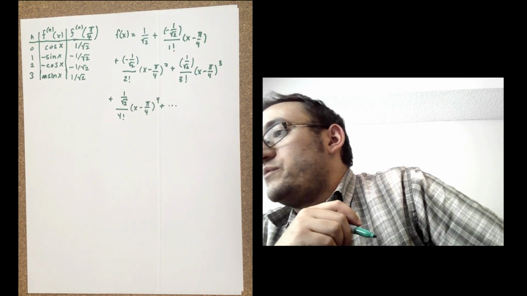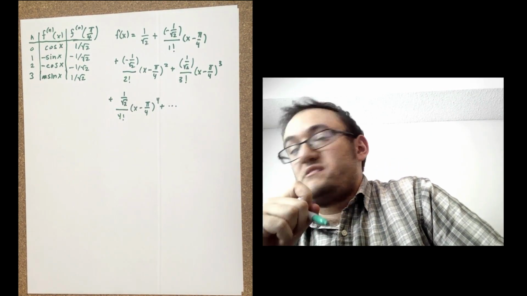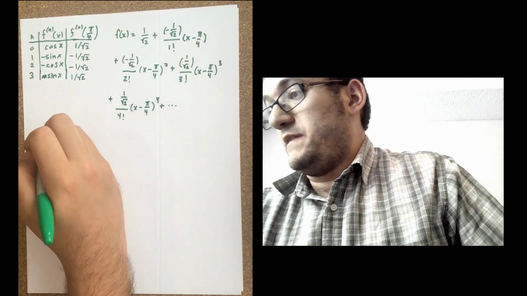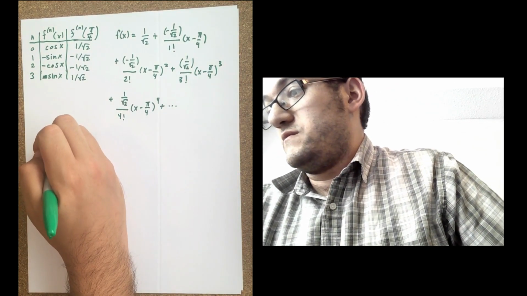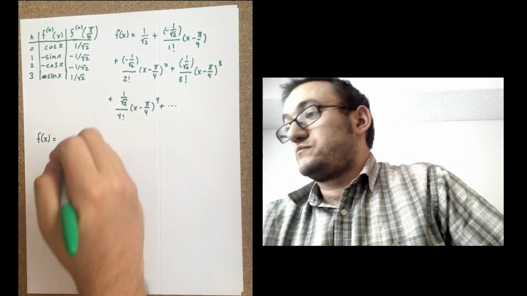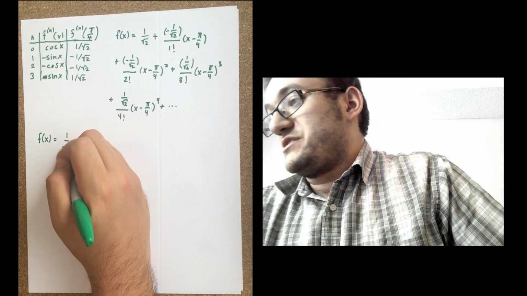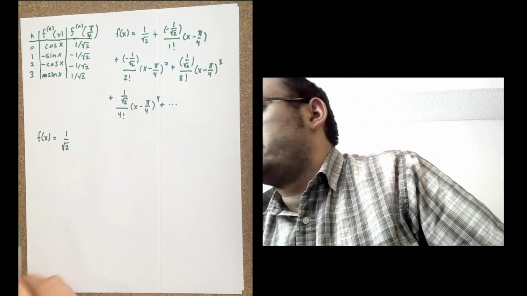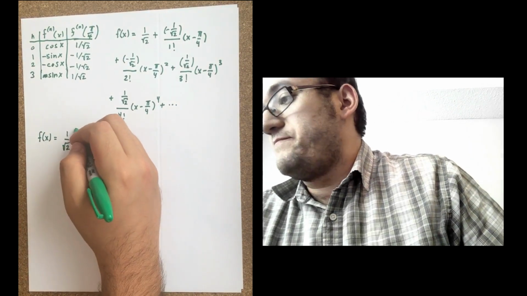So what I think we ought to do is split this up into 2 alternating series. So f of x will be equal to, we can actually factor out 1 over the square root of 2 from everything, because every term ends up having a factor like that.